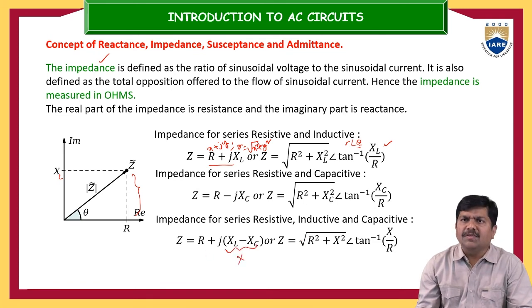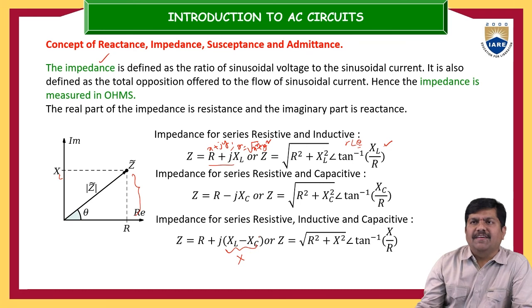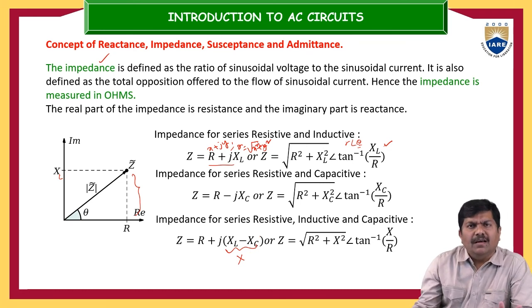This total you can collectively represent as the X value, so the angle is tan inverse of X by R. The additional point to remember is that, in addition to the resistance, some reactance comes into the picture, and together they are called the impedance of the circuit.